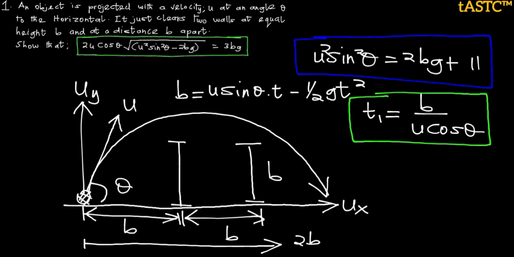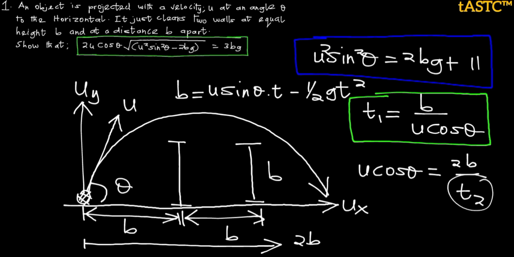Now what if I wanted to find the velocity involved if you were to reach the second wall? So that will be from this ball to the second wall. The displacement there should be 2b. So that is going to be u cos theta is equal to displacement, which is 2b in this case, divided by t2.